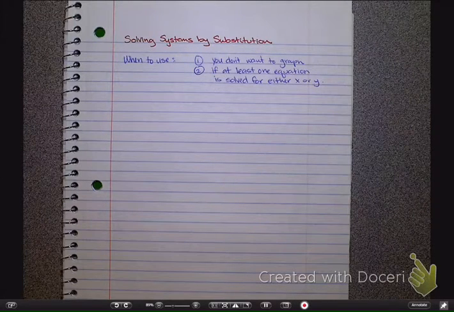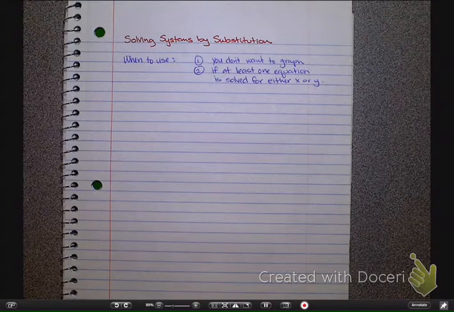Now, I'm going to show you guys this method, and some of you guys may really like this method. You may like it better than graphing. Some of you guys will see this method and you won't really care for it, and you'll prefer graphing over this. I don't really care which method you use, like on a test or a quiz.